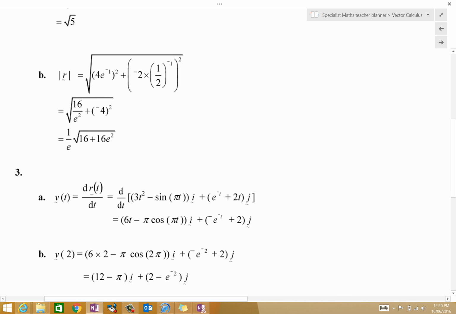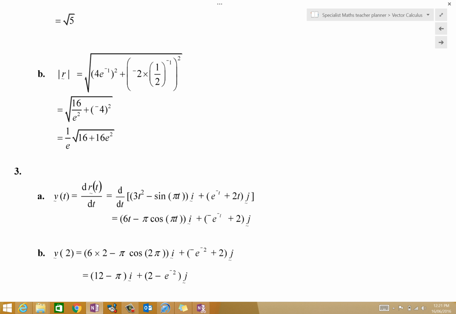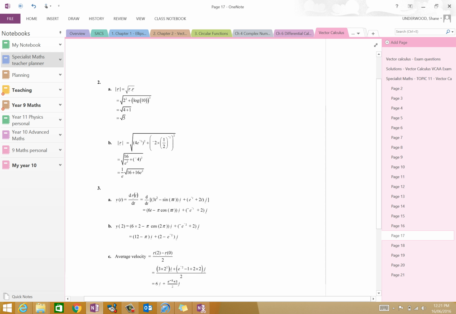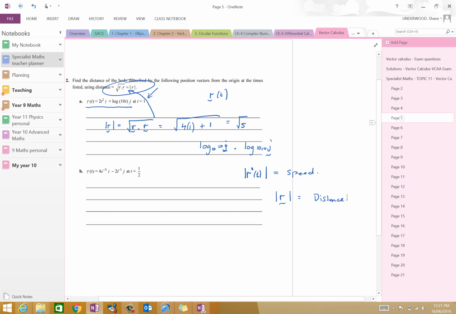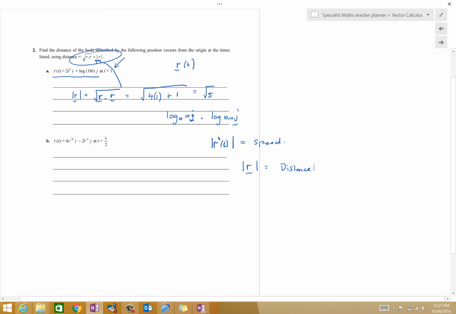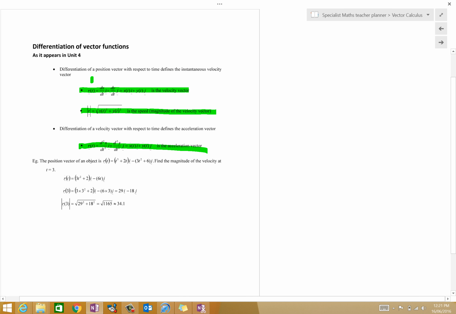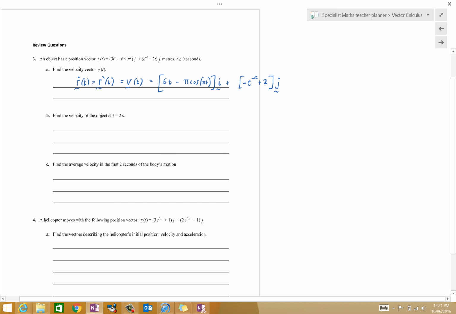So we're deriving the position vector with respect to time, and we've got our i and j components there. So you've got your answers throughout the way. My advice is to work through as much of this as you can. But given today, I think you'll realise that this topic is pretty straightforward, particularly given what we've just been through.